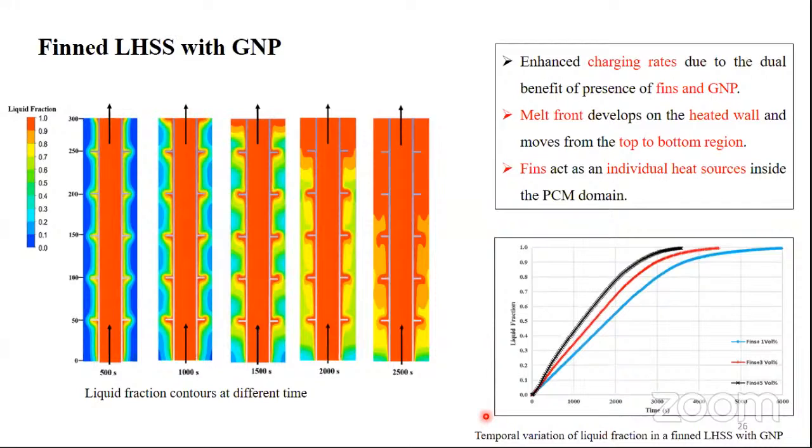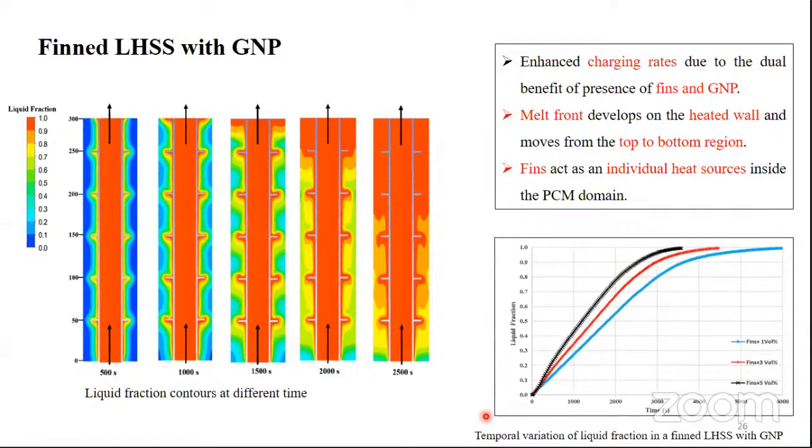Now, this enhanced charging rate can also be studied in conjunction with the dual benefit of introducing graphene nanoplatelets with the fins. And we found that when we introduce graphene nanoplatelets with the fin, the melt front which develops on the heated wall moves from top to bottom.